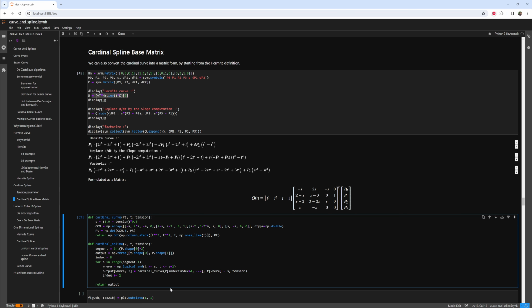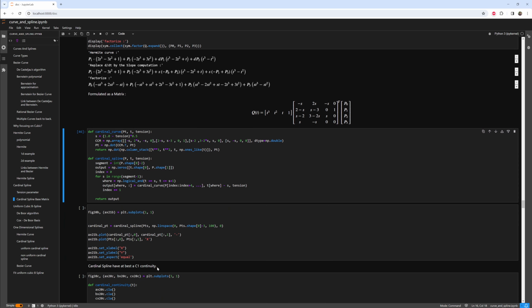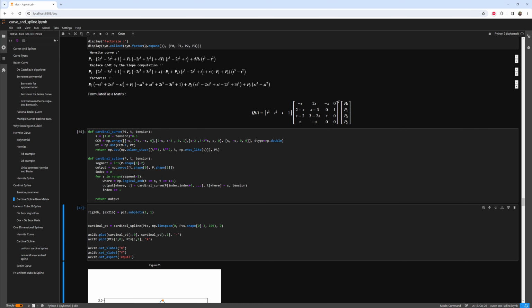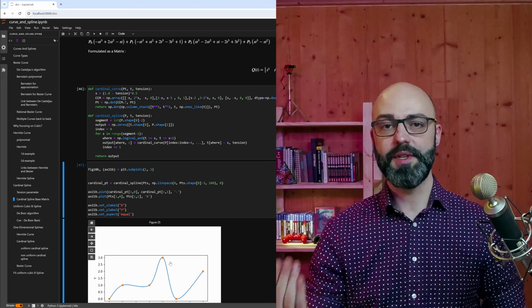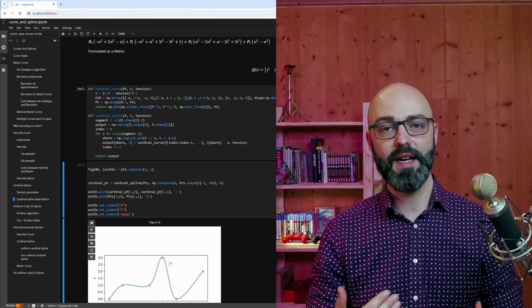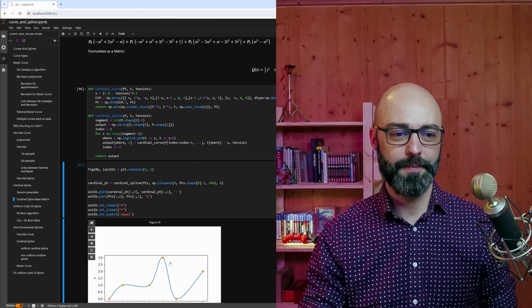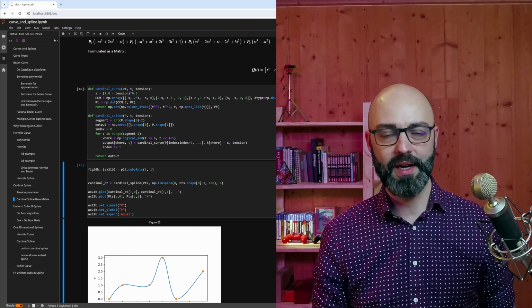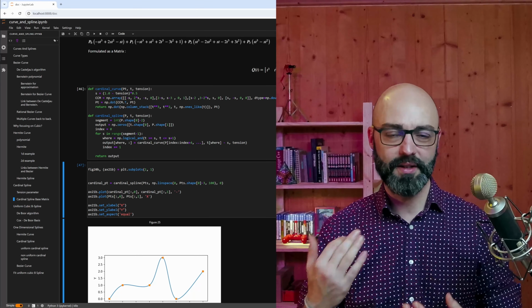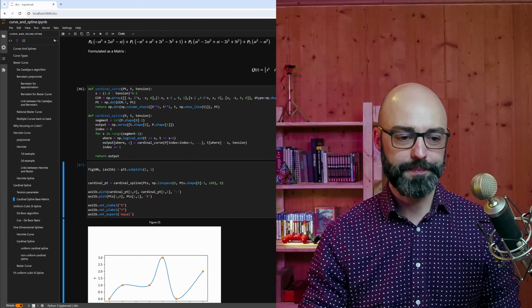If I execute this, I can render that same cardinal spline as before, except now I compute it directly from the points, without the intermediate step.